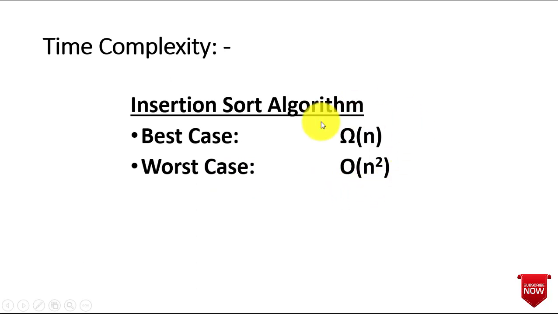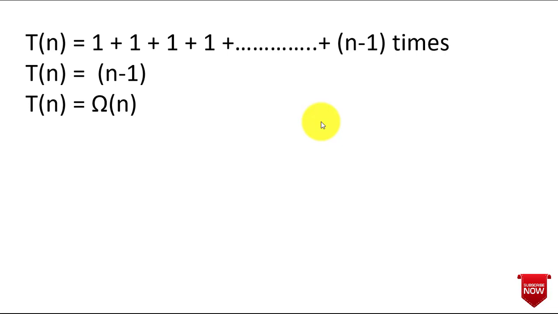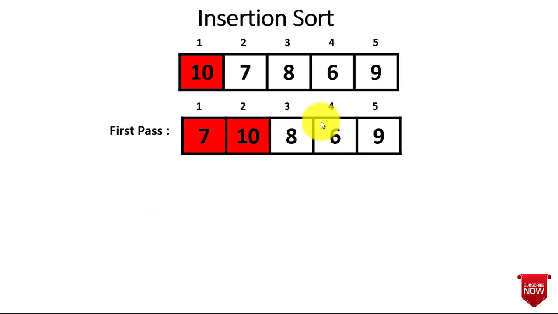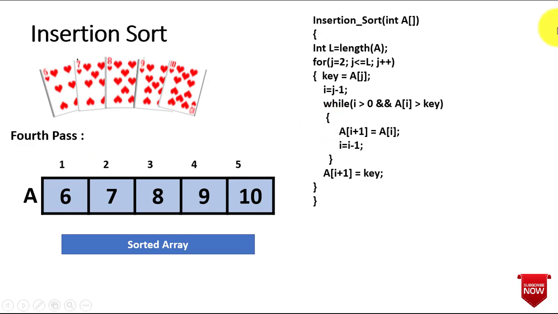So if we see the space complexity of insertion sort, then the total algorithm is taking no extra space. It just uses the variables L, J and I. So it is an in place sorting because it is using the space already taken by the function, that is main.